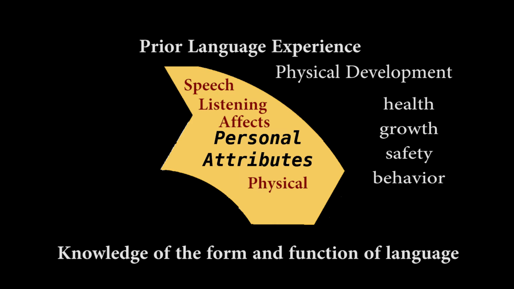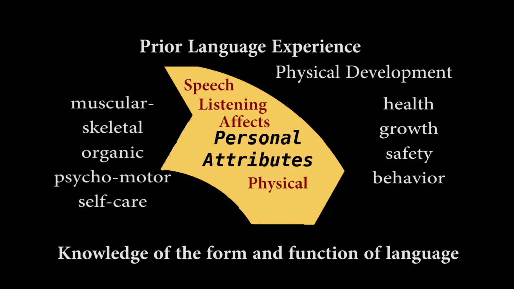Aspects of physical development that influence a child's academic achievement include musculoskeletal growth, organic development such as brain and other organs, psychomotor development, which includes sensory, motor, and other perceptual skills, and self-care awareness.